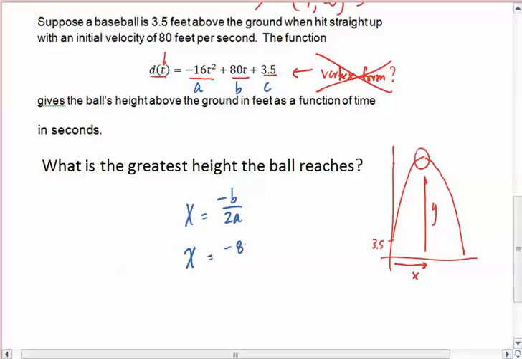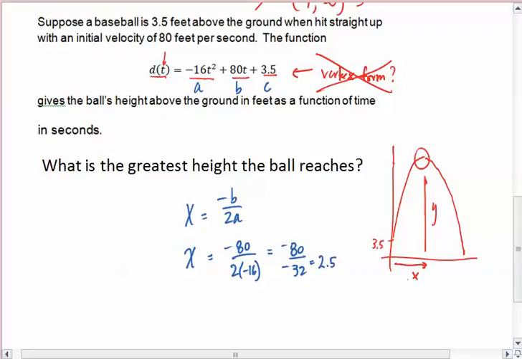So let's get the x coordinate of the vertex by doing that. So we have negative 80 over 2 times negative 16. Let's clean that up. Let's see what we get for the x coordinate of the vertex. So it looks like we get negative 80 over negative 32, which is going to be a positive 2.5. So what does that tell me?